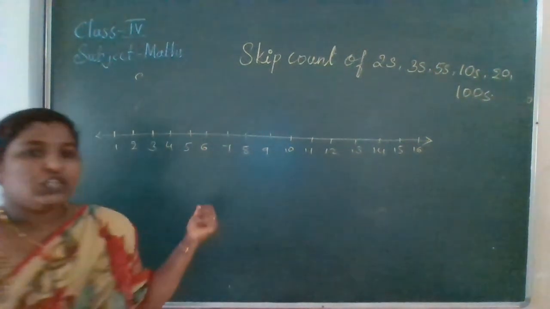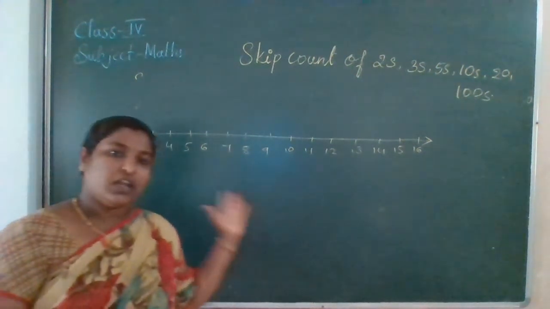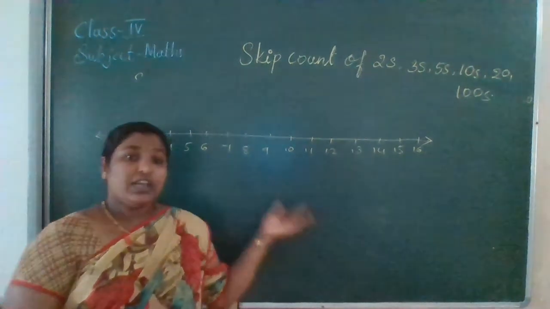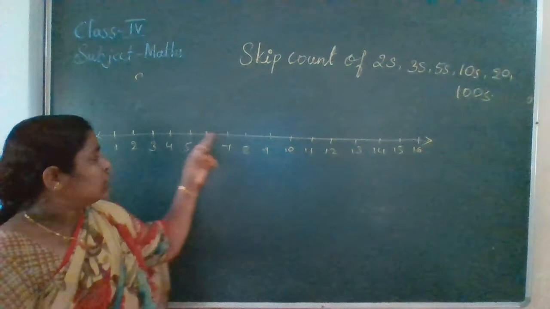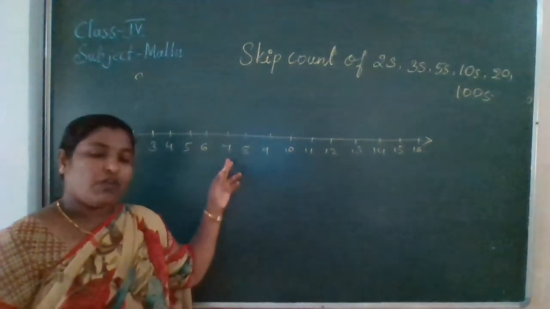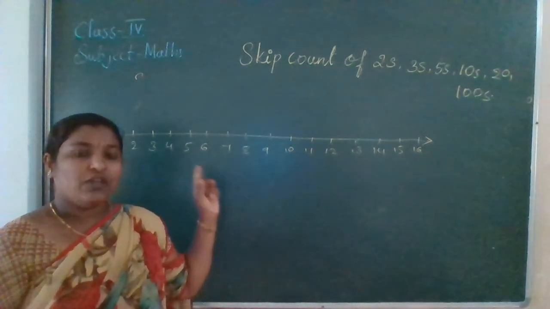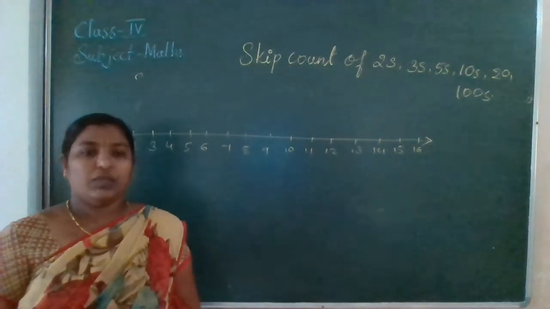In this there is no skipping, I am reading continuously. If I skip, 1, 3, 5, 7, what have I done here? I have skipped one number in the middle.